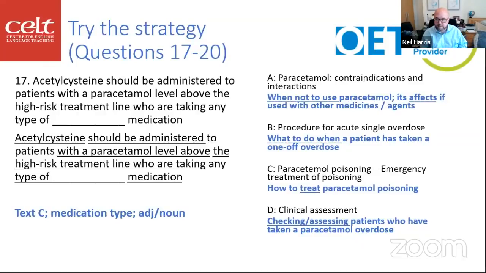And as I look through the answers coming in here, we've got various options: anticoagulants, intravenous, and enzyme inducing. If you look at the second paragraph of text C, patients on enzyme-inducing drugs, they give some examples, or who are malnourished.